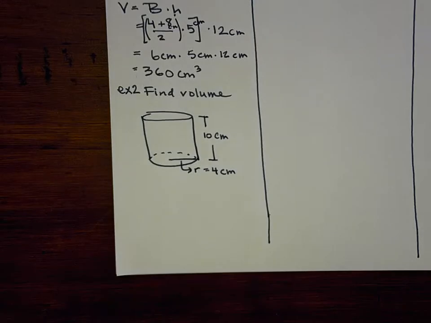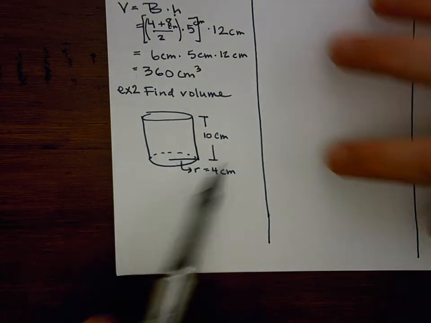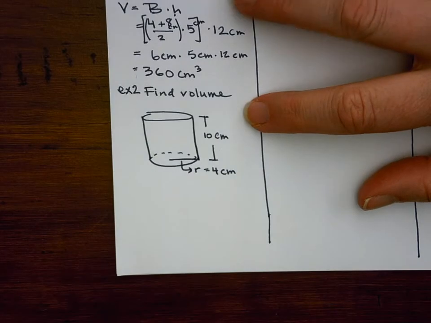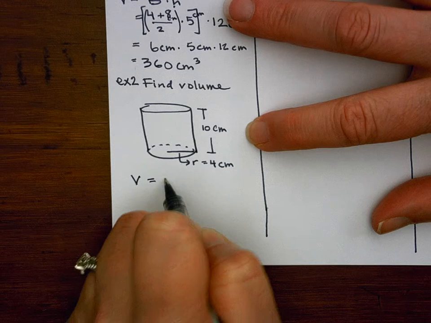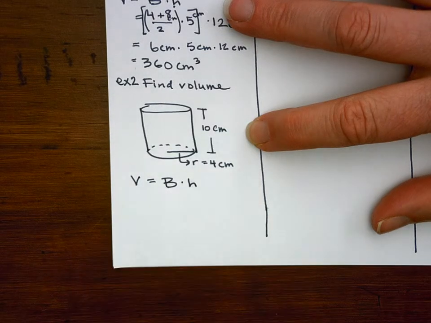Okay, so it's really technically not a prism, even though its face is a rectangle, although it doesn't look like it. The volume formula is still the same, where you would find the area of the base times the height. So the area of the base times the height.